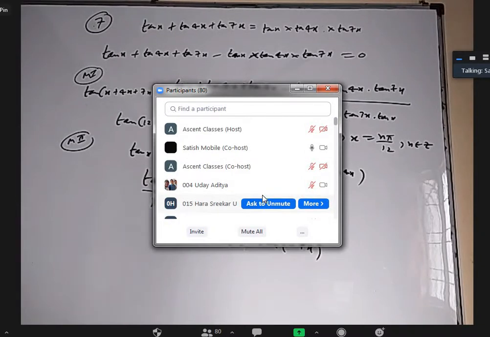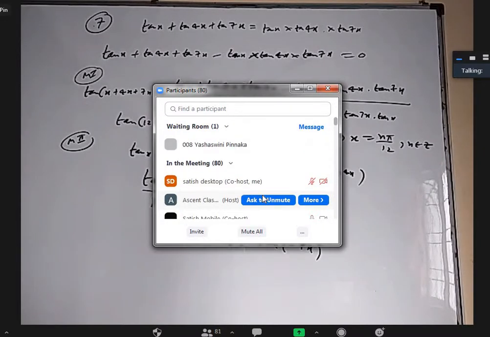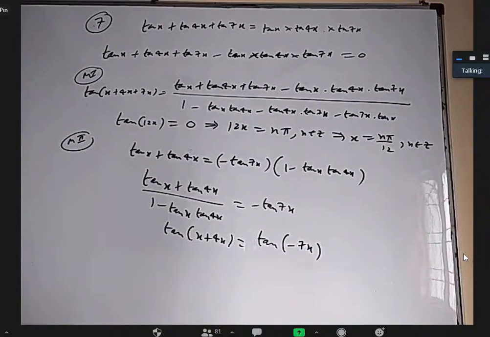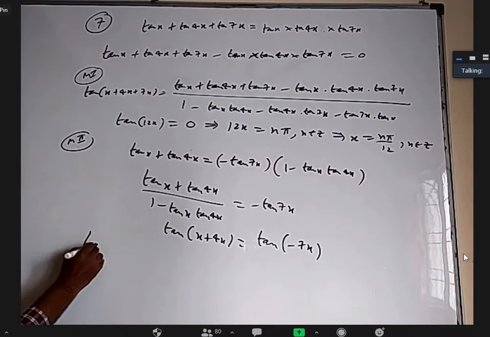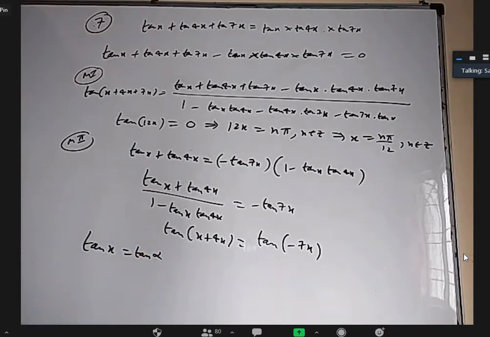Harshikar, roll number 15. Tan x equal to tan alpha, what is the general solution?